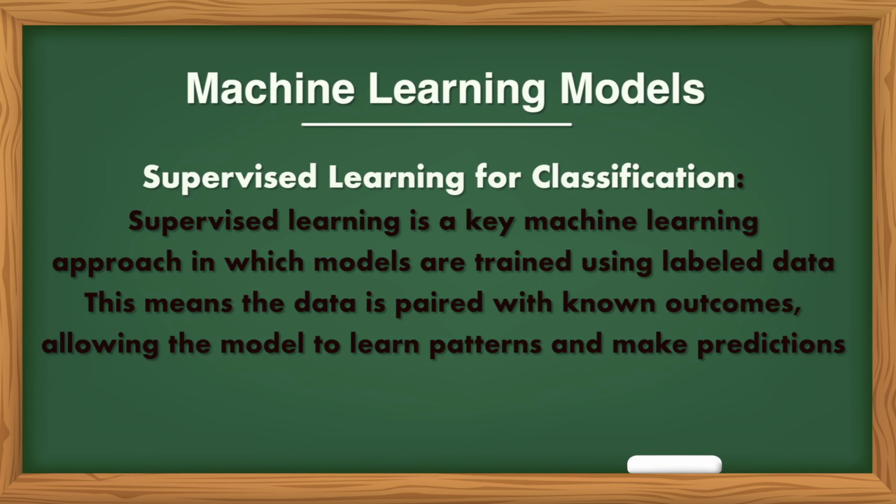Now, supervised learning is a key machine learning approach in which the models are trained using labeled data. This means the data is paired with known outcomes, allowing the models to learn the patterns and make predictions. For example, imagine you have a data set of tissue samples, each labeled as either cancerous or non-cancerous.